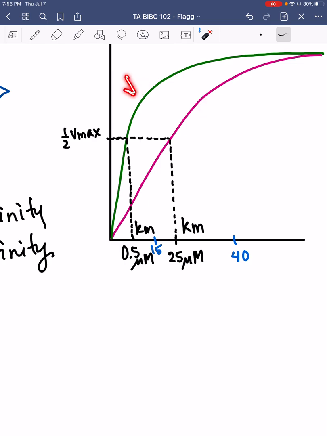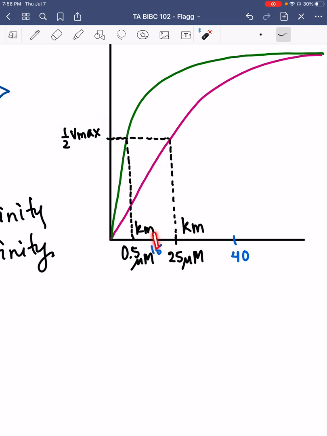Well, the green one has a Km of a very small number. So when we start the concentrations of substrates at 15, the green enzyme is going to be super fast because look at how far this concentration is from its Km. There is a lot more substrate than this enzyme needs to work at 50% of its Vmax.